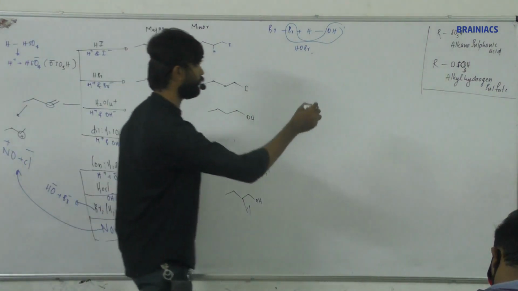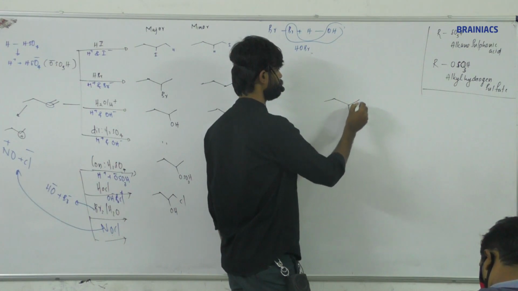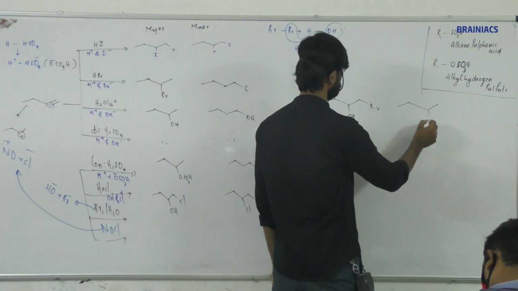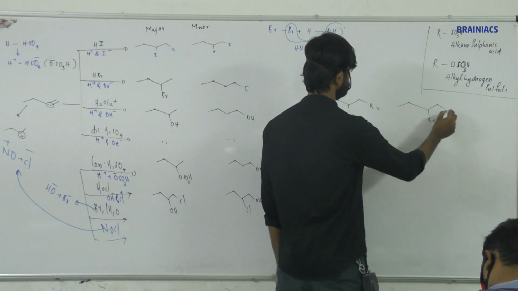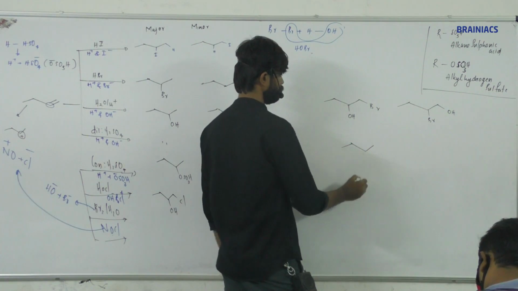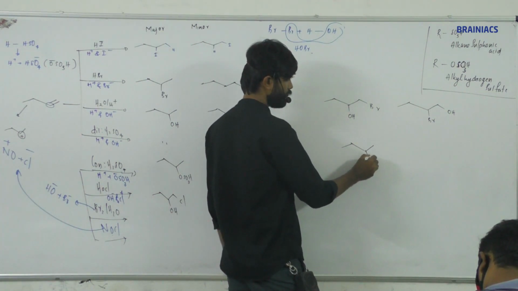The next two I will write here. If it is HOBr, like this. The last one, NOCl, for the negative part is Cl.